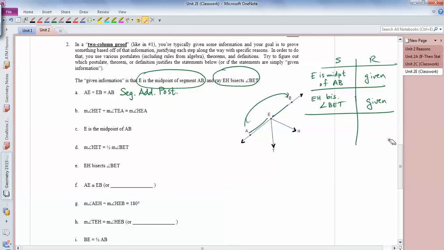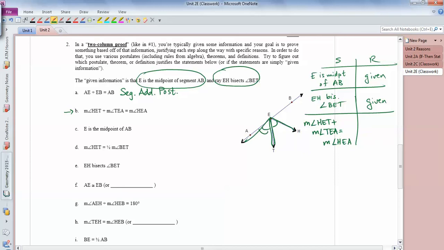Let's pretend that now we're looking at B. So the question is, what would justify putting this in my proof? The measurement of HET plus the measurement of TEA equals the measurement of HEA. If we look at those angles, HET is right here, so that's this angle, plus TEA, which is this angle next to it.